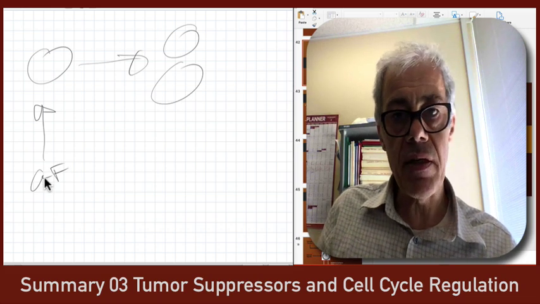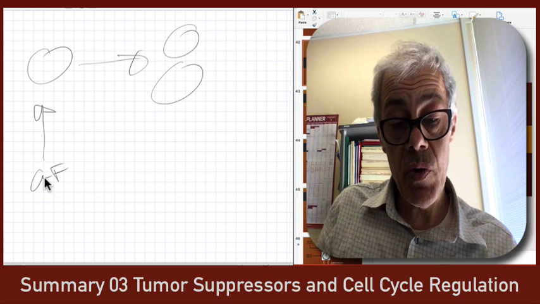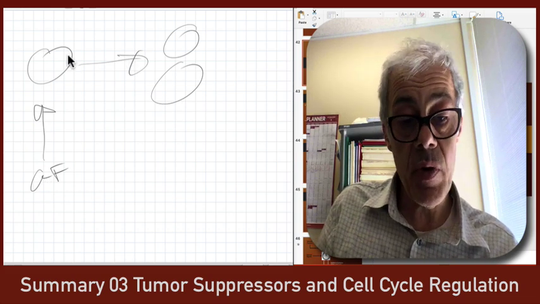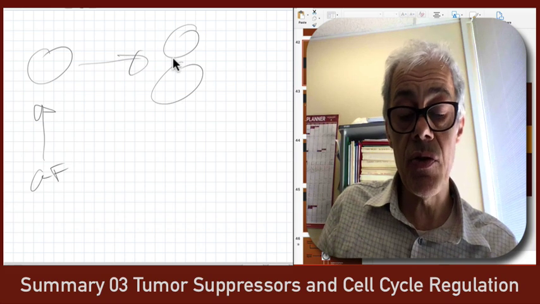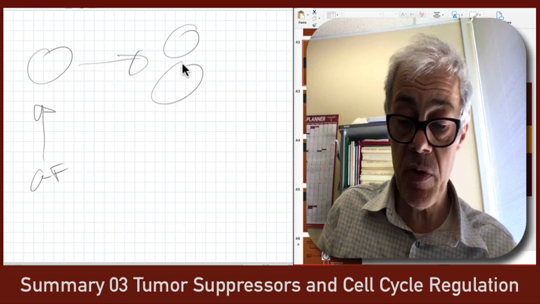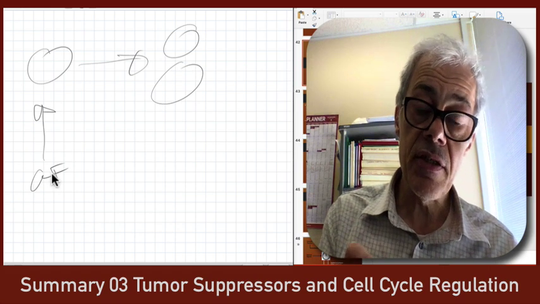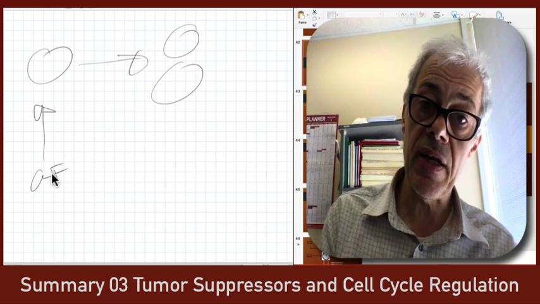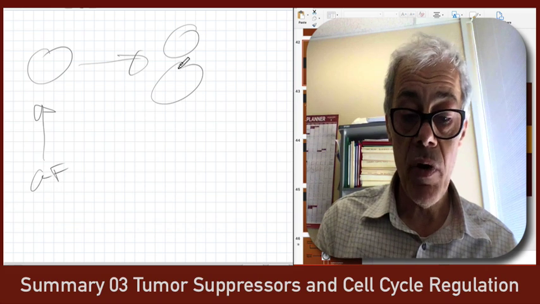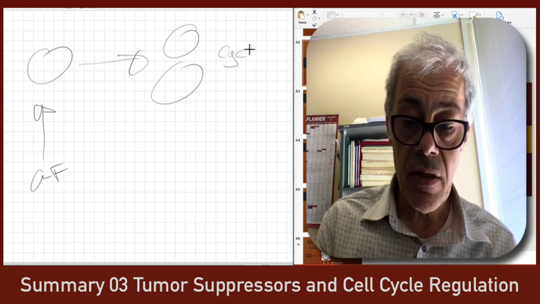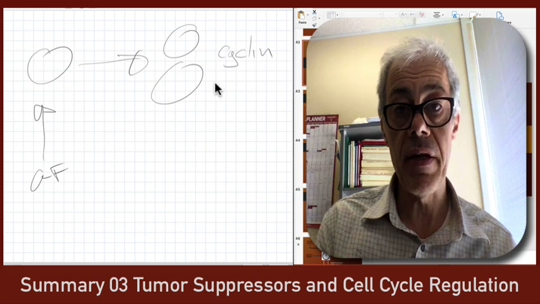Effectively, the growth factor leads to the activation of a signaling pathway through a receptor, which leads to gene expression. We'll talk about that later. Now, the growth factor leads to gene expression is the key part of that sentence. And one of the genes that's being expressed is a thing called a cyclin. All right?